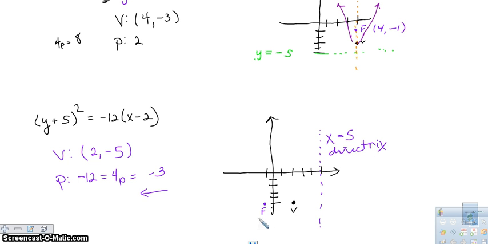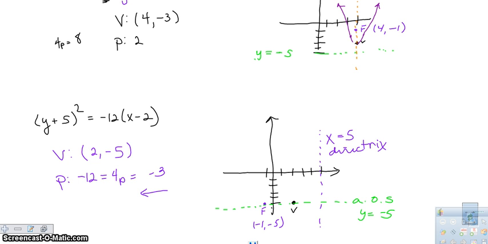We know my vertex ordered pair is 2, negative 5. My focus would be negative 1, negative 5. So that's the ordered pair for that. My axis of symmetry would go right through here. So my axis of symmetry is y equals negative 5.